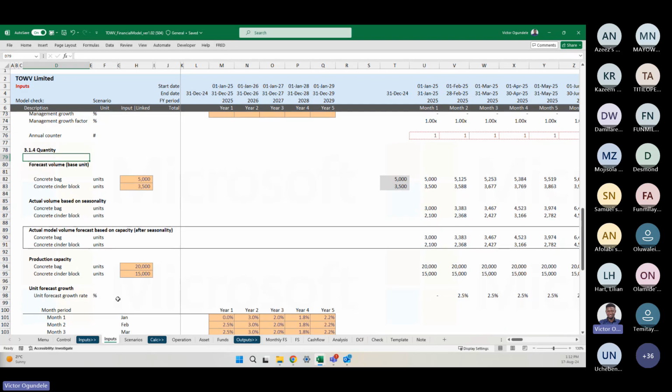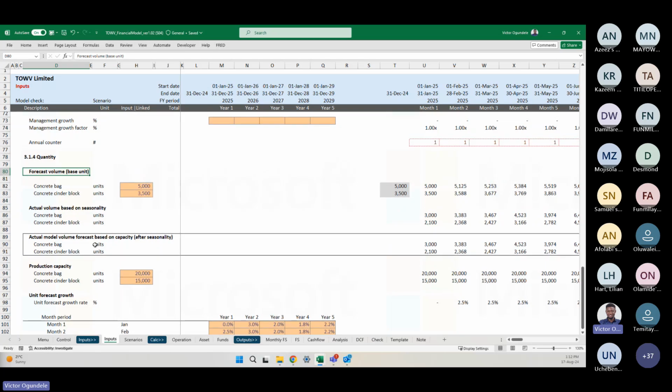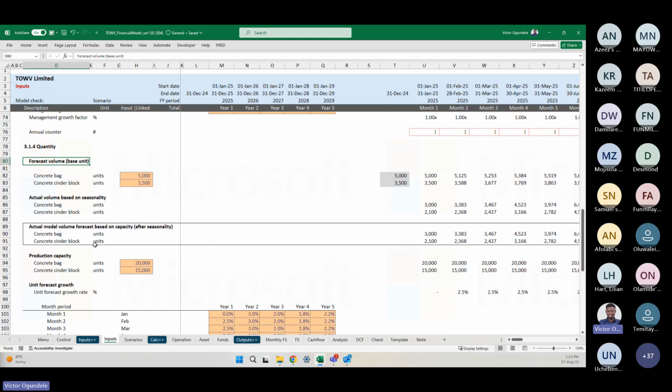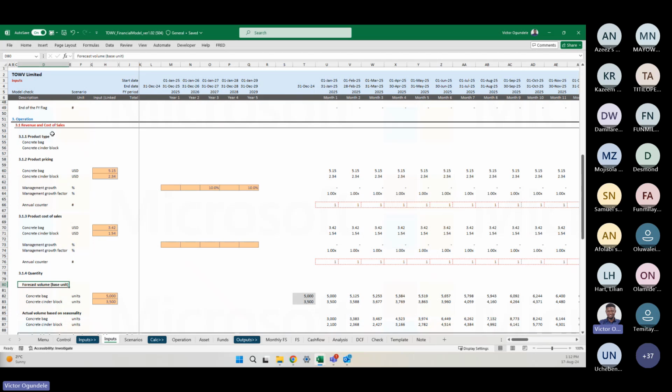So for the quantity, you can see under the quantity we now have another sub. Just be creative with it, but I think I will leave the header here. All right. So product type 3.1.1, product pricing. Okay. So I think this product type should even be like a section, but let's just leave it.